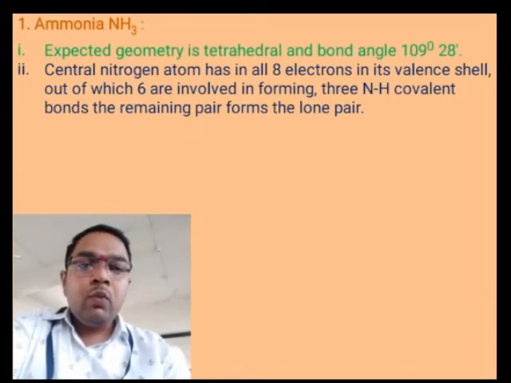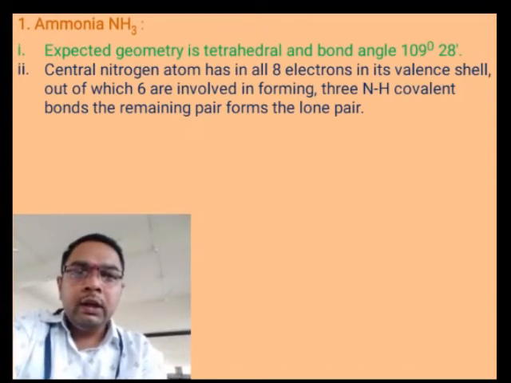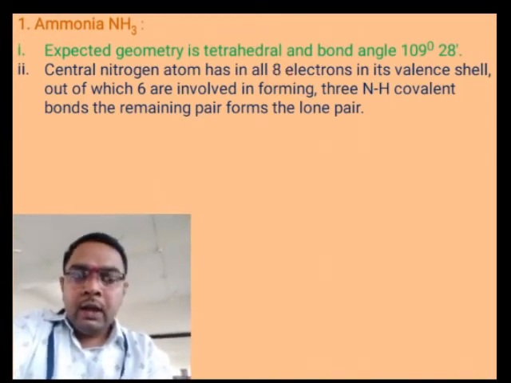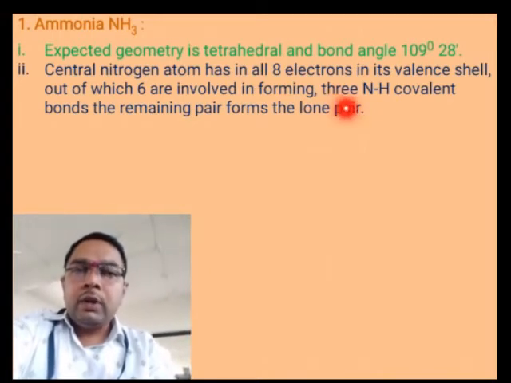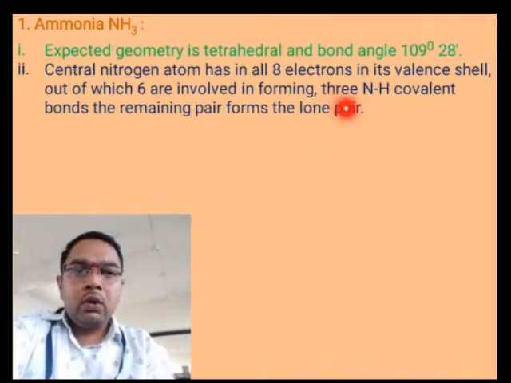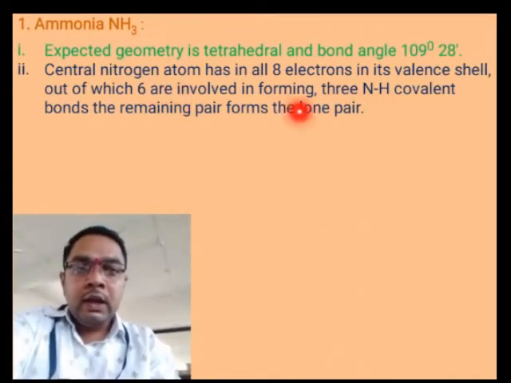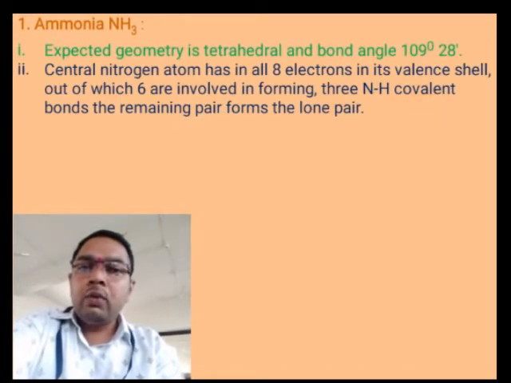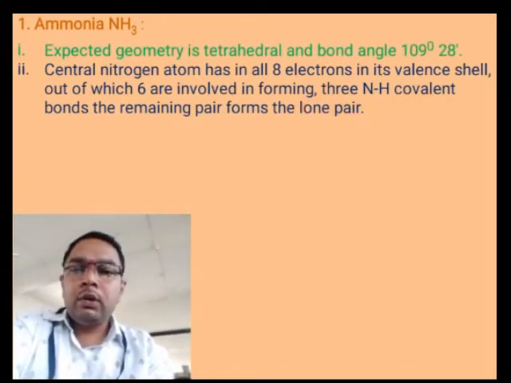Therefore, in the ammonia molecule, the central nitrogen atom has a total of 8 electrons. Out of these 8 electrons, 3 electrons of nitrogen combine with the 3 hydrogen atoms, that is, 6 electrons are involved in N-H covalent bonding, and the remaining 2 form the lone pair of electrons.